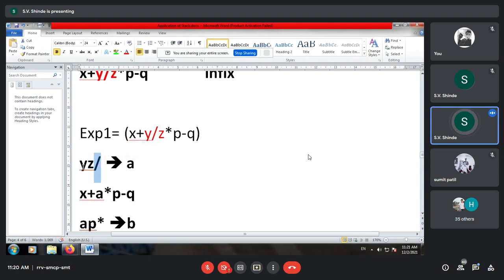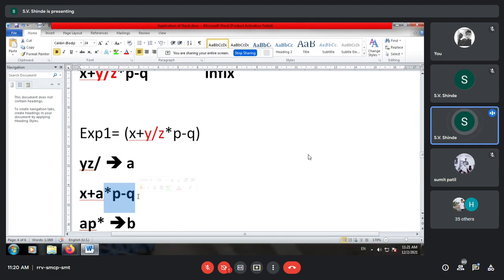This is postfix, where the symbol appears at the end. Now, for understanding purposes, we'll give a label to it, that is A, and putting this A instead of y divided by z, we get x plus A multiplied by p minus q.